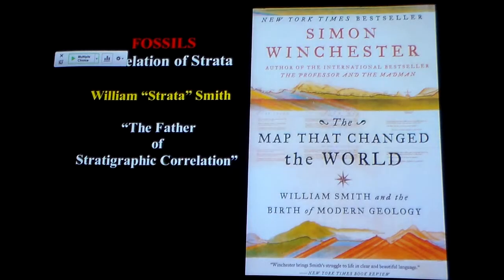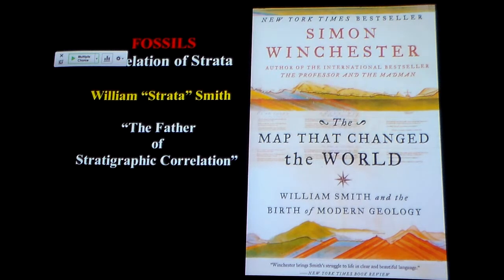The first guy to figure this out was a guy by the name of William Smith. He was actually a surveyor and an engineer building canals over in England in the early 1800s. And he started to notice that the rocks contained fossils, and as the canals were cutting through the strata, he was trying to figure out how to predict what would come next and what the structures were.